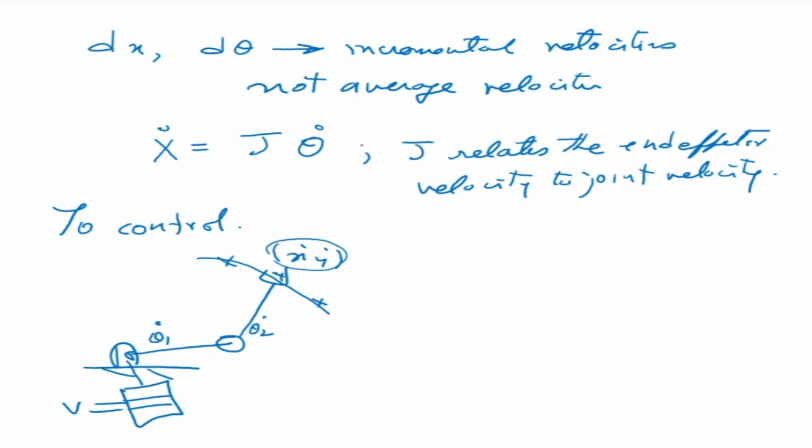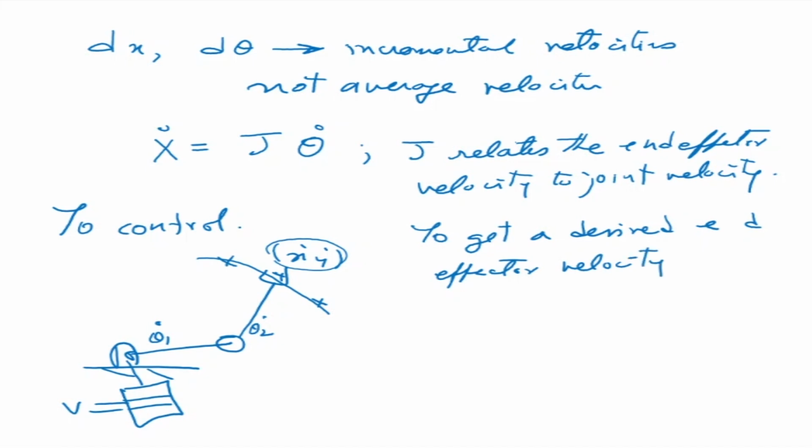So to get a desired end effector velocity, we need to compute or find the corresponding joint velocity.